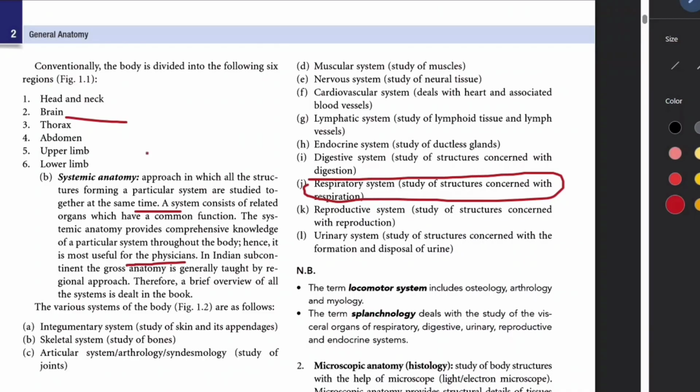The skeletal system, about bones and skeletons; the muscular system, about muscles and tendons; the nervous system, brain, spinal cord and nerves; the cardiovascular system, heart, blood vessels and arteries; the respiratory system, about the lungs and airways; the digestive system, about the stomach, intestine and liver; the urinary system, about excretion of urine, like kidneys and bladder; and also the reproductive system, male or female.